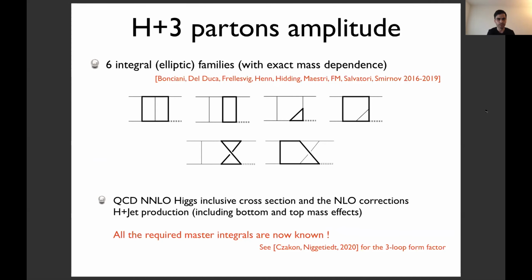And in fact, we could use it to solve the full set of master integrals for the two-loop QCD corrections of X plus Z production, retaining the exact mass dependence on the internal heavy quark and the external X. And so the practical result is that with this computation, the full set of master integrals required, for example, to compute the next to next leading order X inclusive cross-section in QCD, retaining the bottom and top mass dependence, is now known.